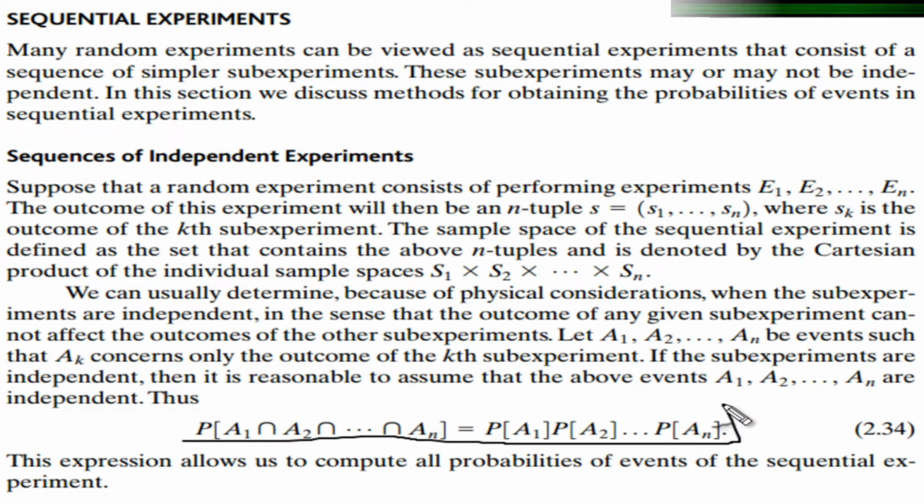If you want to find the probability of sequential independent events, the probability can be found by writing the product of all the individual probabilities, like the probability of A1 and A2 and A3 up to An will be equal to probability of A1, probability of A2, up to probability of An. You can find it very easily as we have seen in the previous example.